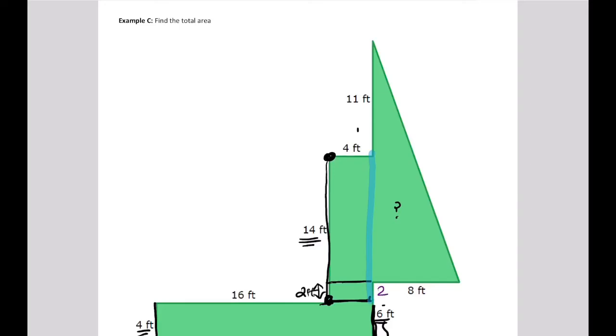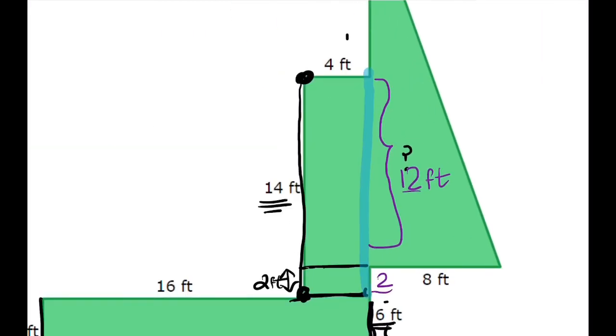So that means this part right here must be 12 feet, because 2 plus 12 is 14. You see what's going on there? This part is 2 feet, this part is 12 feet, and 2 plus 12 makes 14 feet.